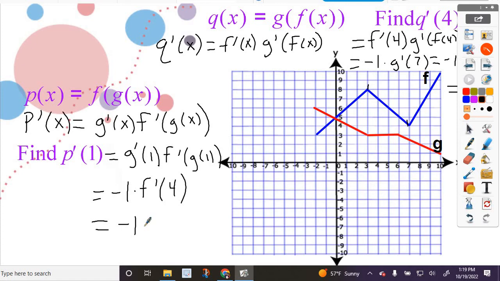So g prime of 1 is negative 1/2, and f prime of 4 is negative 1. So we get positive 1/2.